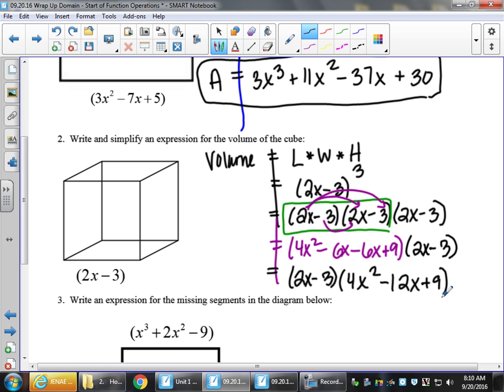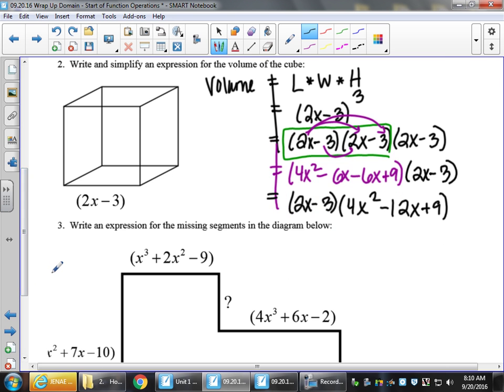Do we agree? And now what do you still need to do? Send it in again. So this is literally a straight up exercise in algebra. Go ahead and finish, and then you can check answers with the person sitting next to you.